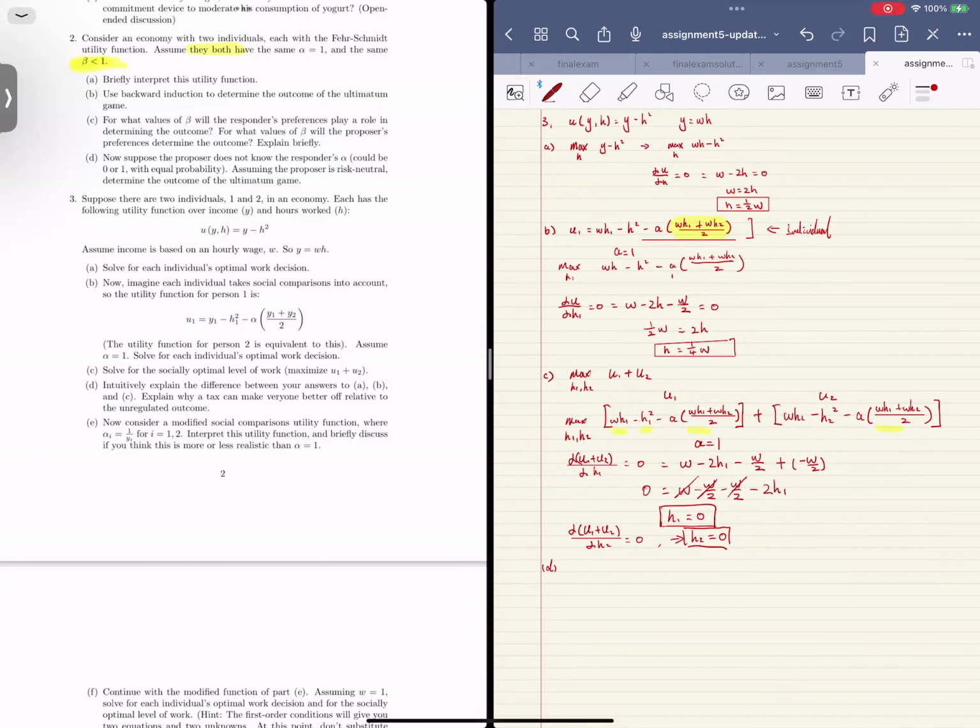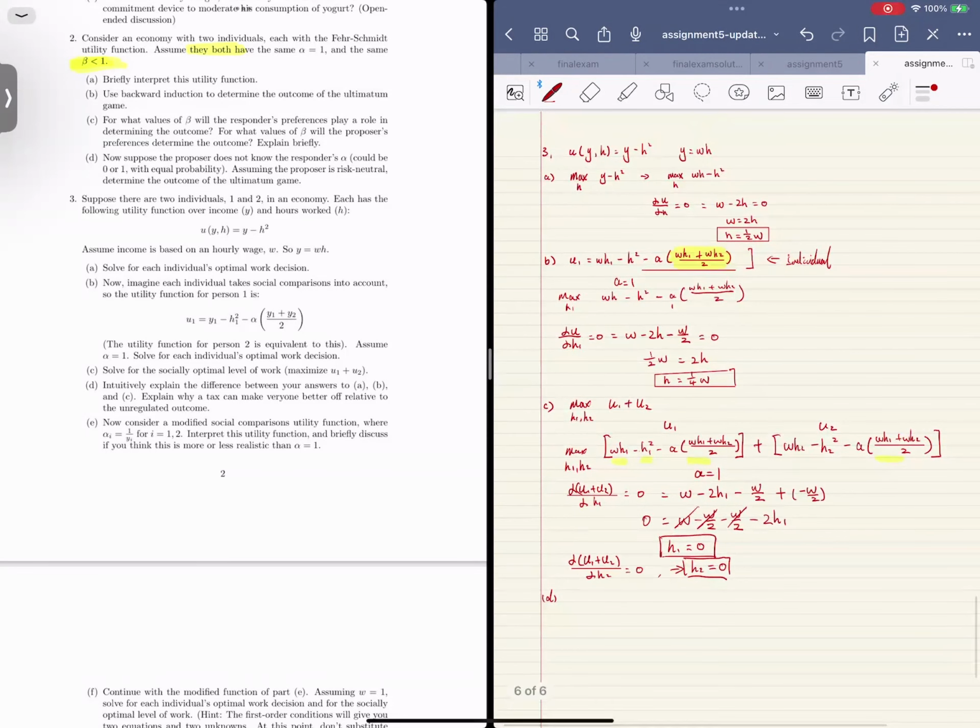The difference is that one has social comparison and one doesn't. C is the social optimum. This is with social comparison. This is by myself.